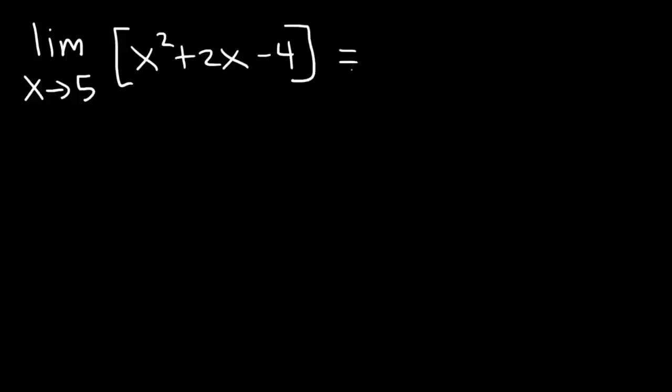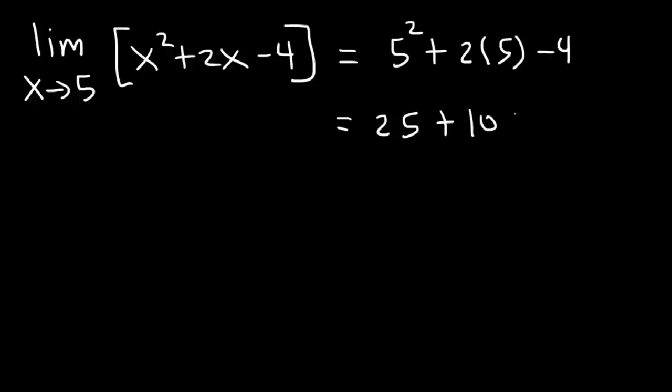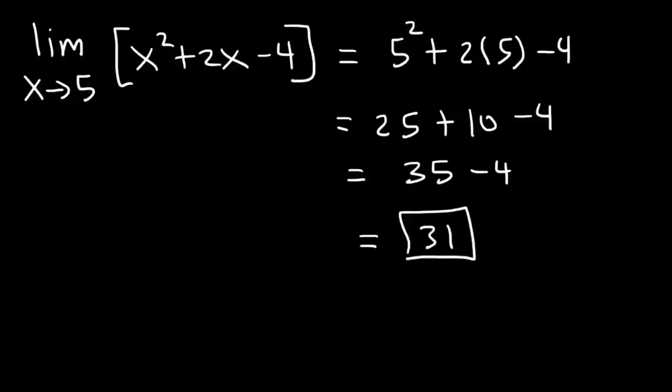All you've got to do is plug in 5. So it's going to be 5 squared plus 2 times 5 minus 4. So that's 25 plus 10 minus 4. And 25 plus 10 is 35. So the limit is going to be 31. And so that's it for that example.